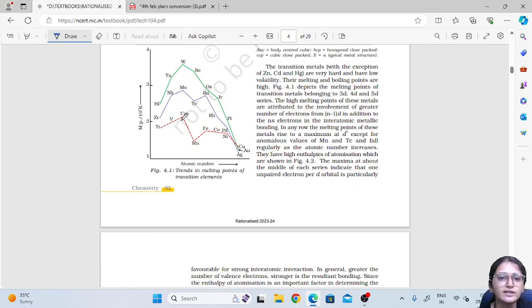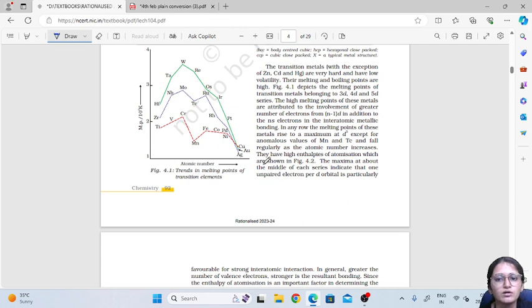It increases because as we go from 21 to 30, first the number of unpaired electrons increases, then again it decreases. So till chromium it increases, then it decreases from chromium to manganese. This is the deviation, or the exception that we can see here, because actually it should increase.